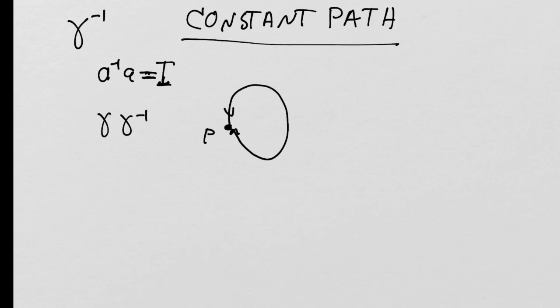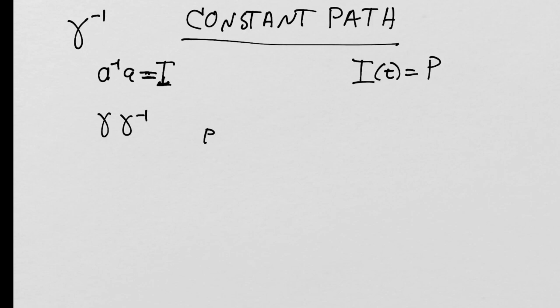And the constant path, we call it I. I is a function of t, and it's a path, so t goes from 0 to 1, but it always equals P, right? It never changes. So the constant path looks like this. Well, we're dealing with one point P, so I'll keep it in the same spot on our little plane here, right? That's the constant path.